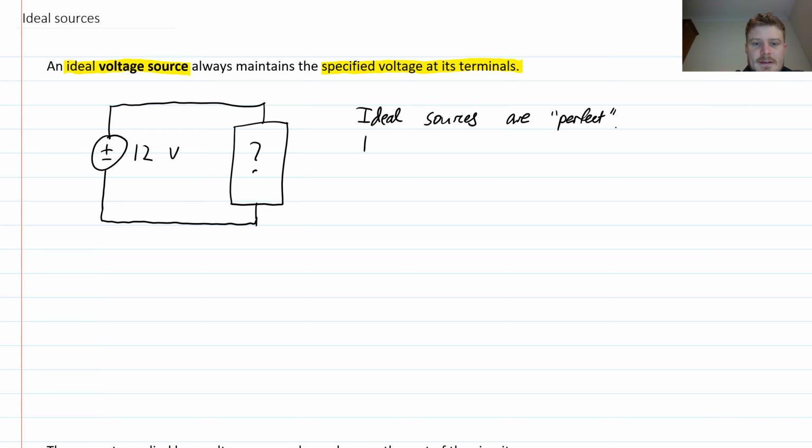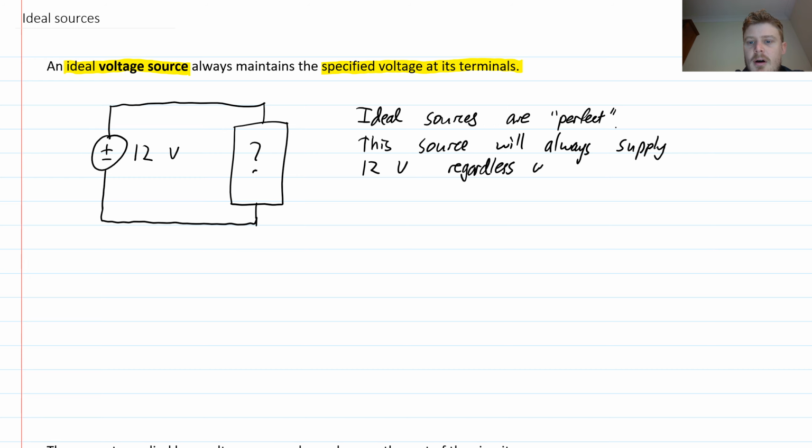Ideal sources are perfect. This source will always supply 12 volts regardless of the amount of current that it is asked to produce.